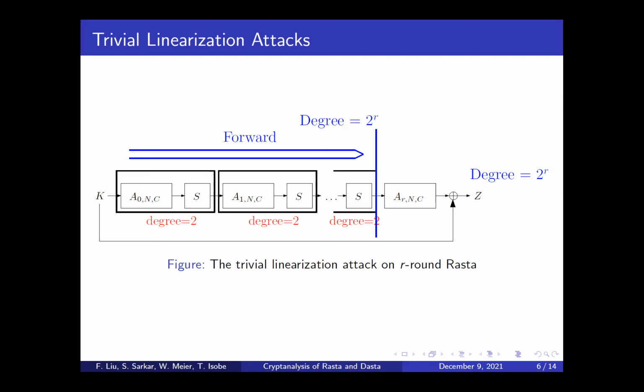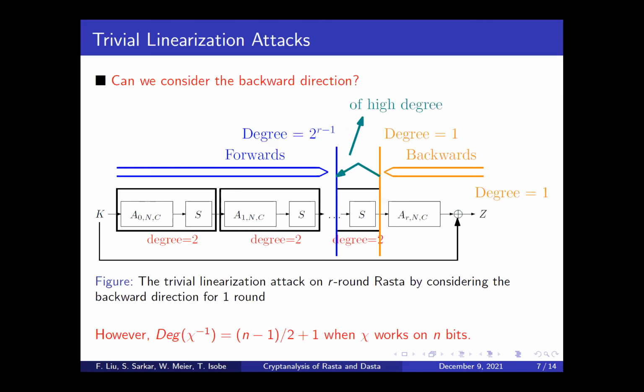So how to reduce the degree of the equations? One may consider the meet-in-the-middle style attack because of the feed-forward operation. However, can this really work? It is well known that the inverse of the chi operation is of very high degree.